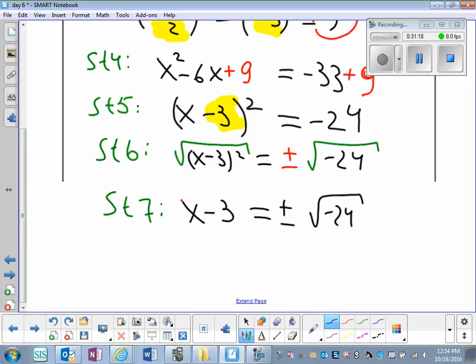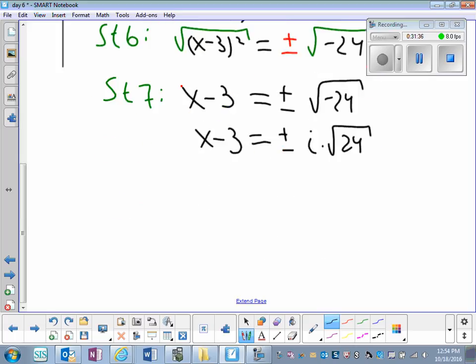Can I simplify the square root of negative 24? Isaiah, you know how to do that, right? The square root of negative 24 is what? It's i times. What is the square root of 24? Can I simplify that? Yes, I can do this.